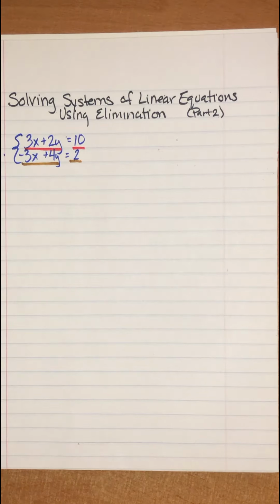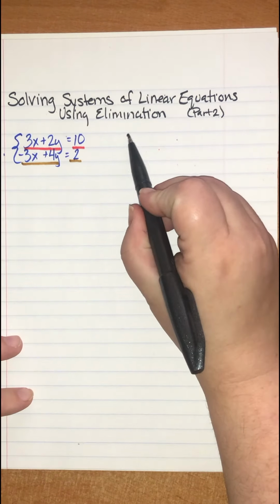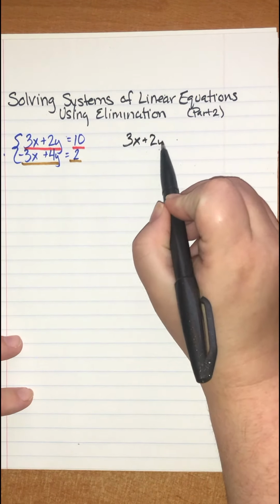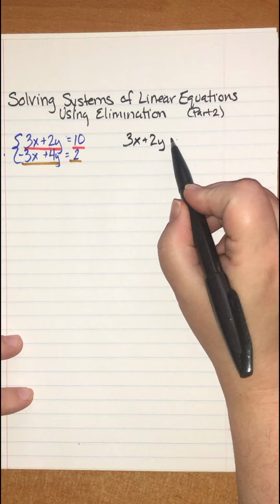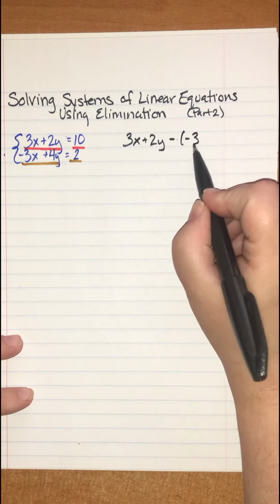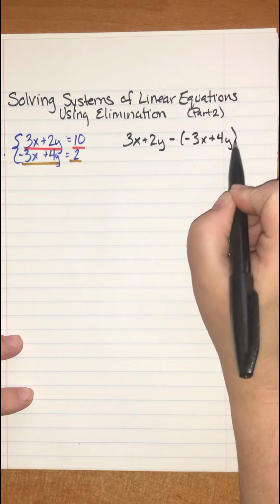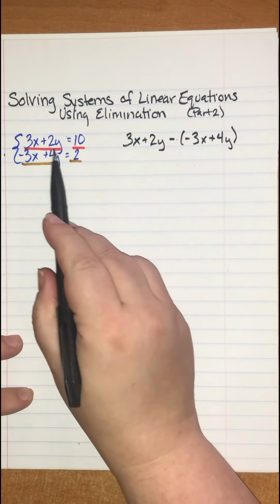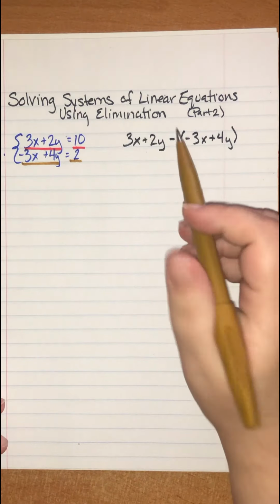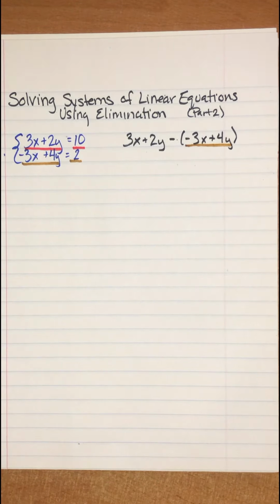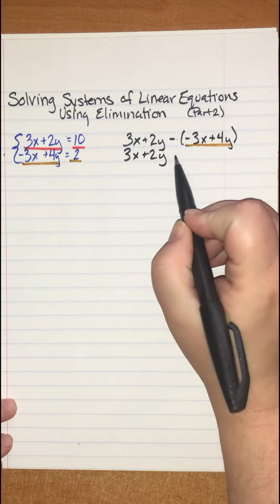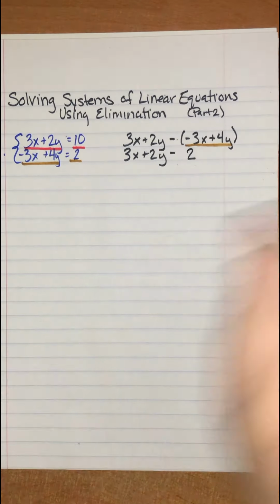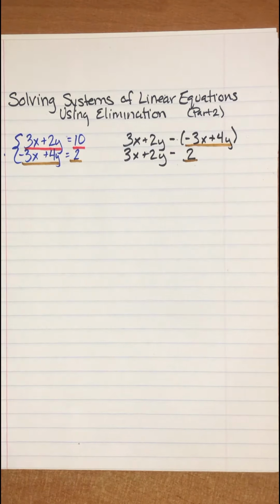So if I were to say something like 3x plus 2y, that is this right here, and let's say I were going to subtract negative 3x plus 4y, subtracting this right here. I'll underline it here with this matching color. That would be equivalent to saying 3x plus 2y minus 2. These two things would be equivalent because these are interchangeable.